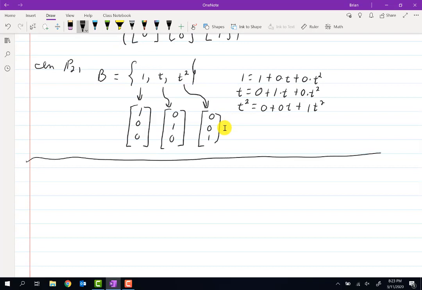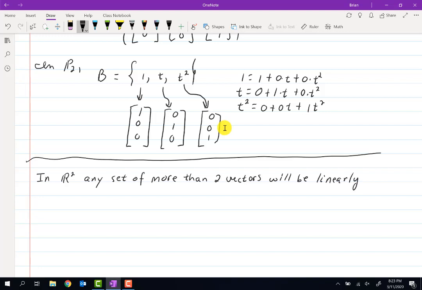So when you're in R2, any set of more than 2 vectors will be linearly dependent.